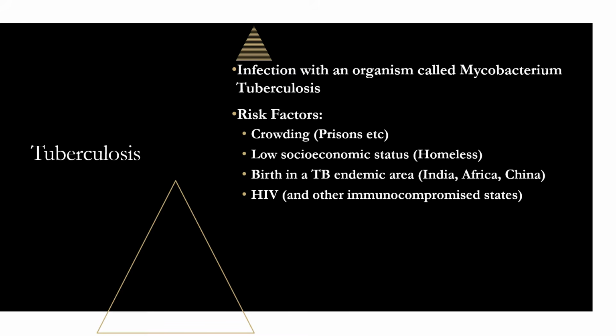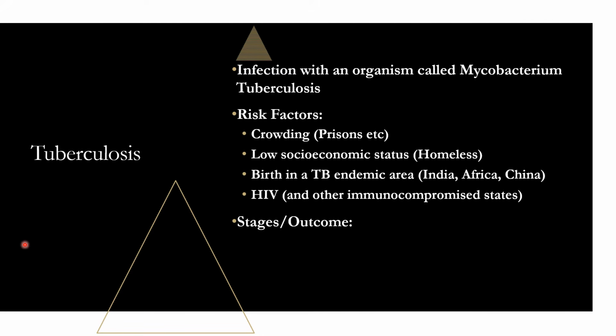Other immunocompromised states as well, patients that are on chronic steroid use and chemotherapy, but HIV is huge. HIV, the risk of TB actually doubles within the first year of HIV seroconversion. So it's a really big risk factor. Again, for the vignettes, this is typically what I saw, these first two, but HIV is a big one, especially in real life, or any other immunocompromised state. So those are your risk factors. Those are the things that you need to know.